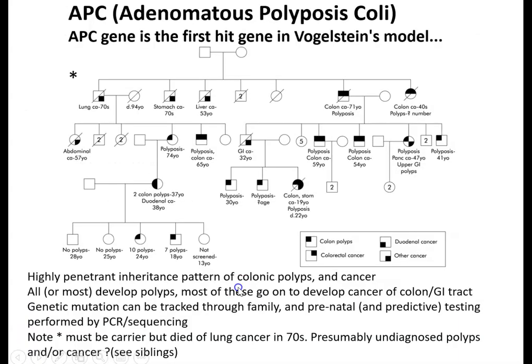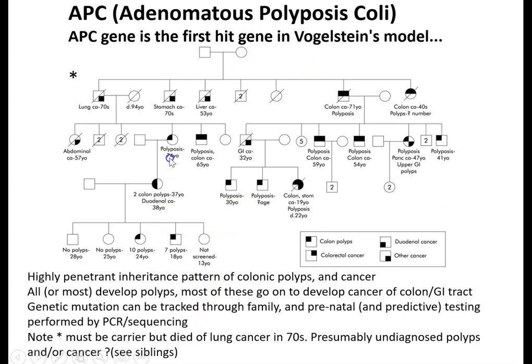Here's another much larger pedigree. This is a pedigree for the mutation in the APC gene, which results in familial Adenomatous Polyposis Coli, FAP. And so in this we've got multiple generations all showing a cancer predisposition.